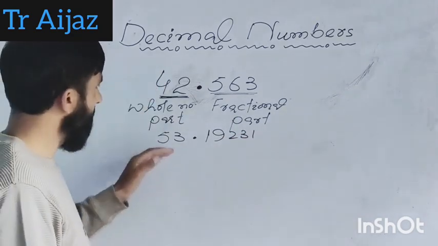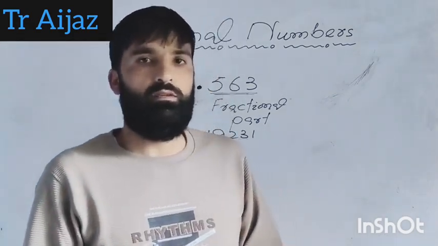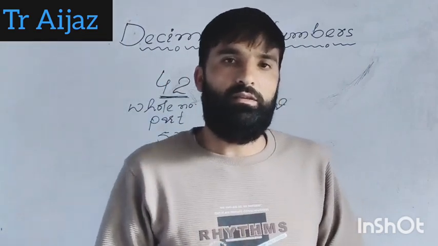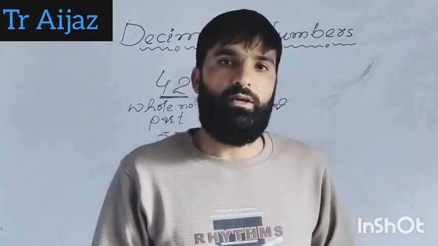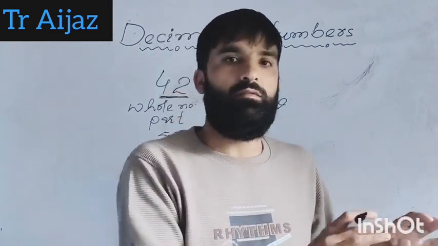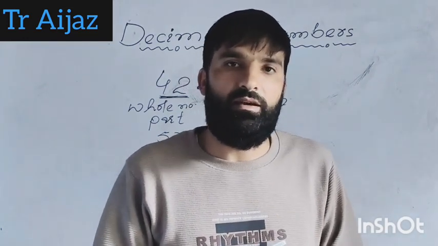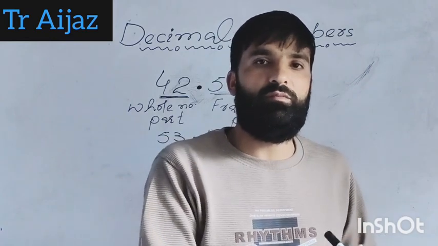First I will compare the whole number parts of these decimal numbers. If I can decide just by looking at the whole number part which is bigger and which is smaller, then I have nothing to do with the fractional part. But if the whole number part is the same, then I have to check the fractional part of the numbers.